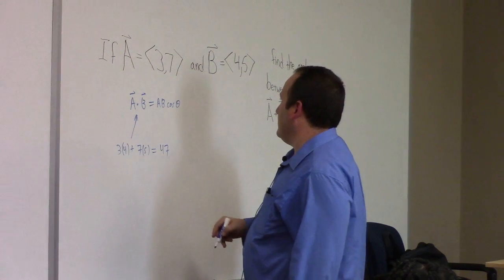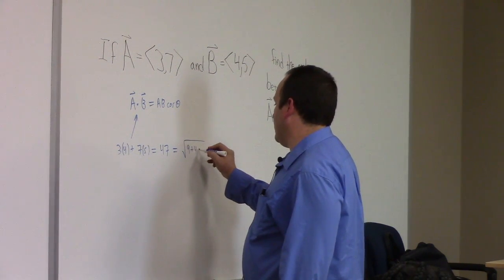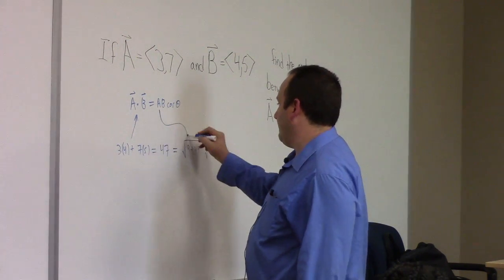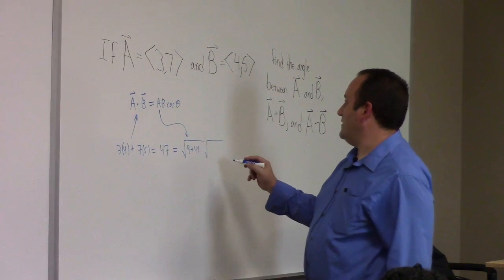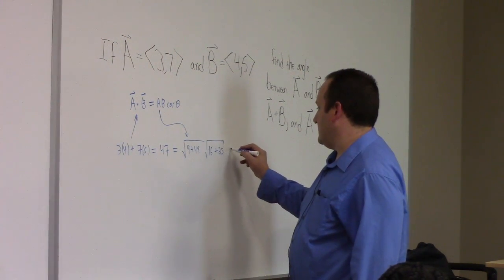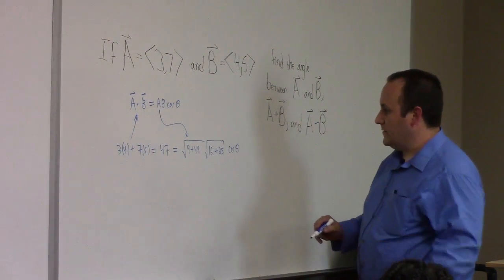What's |A|? Well, that's the length of A. So |A| is the square root of 9 plus 49. That's the length of A. And the length of B is the square root of 16 plus 25, whatever that is. And then cosine of the angle, I don't know. All right?